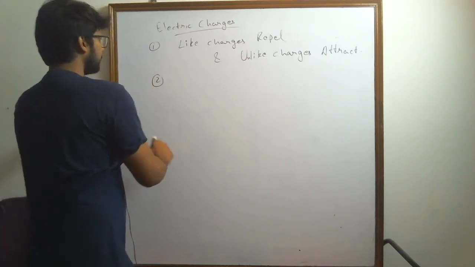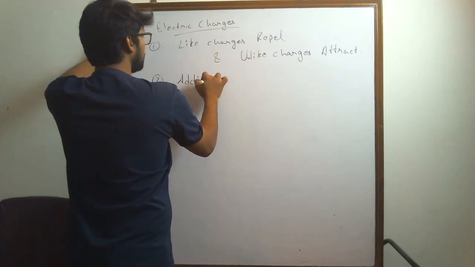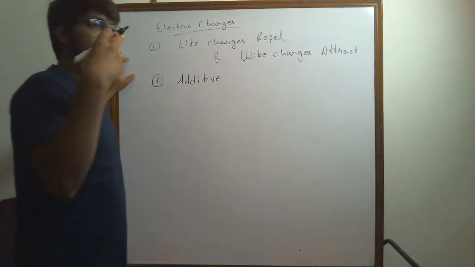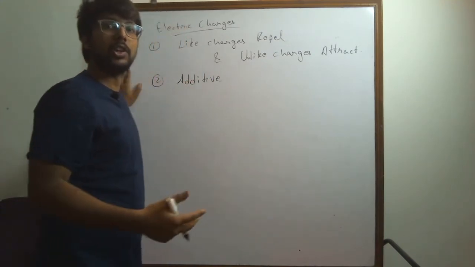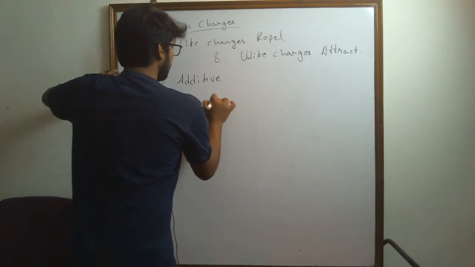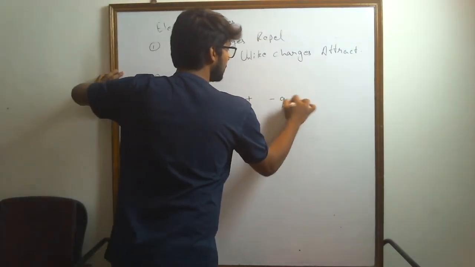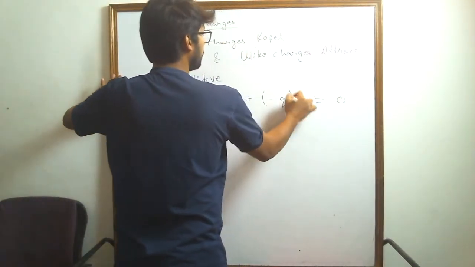Second, they are additive. Again, it's part of this only. Additive means these charges can add to each other and neutralize each other. That means if plus Q charge gets added to minus Q charge, the whole will be 0.